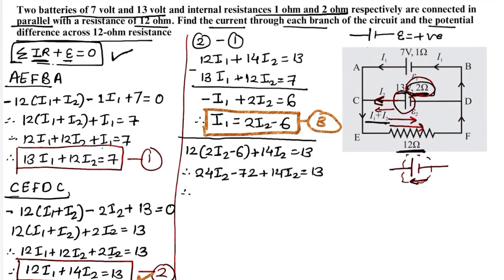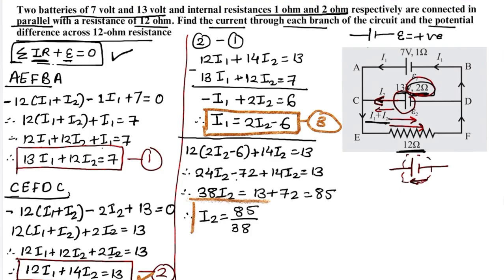We will add these two terms, that is 24 plus 14, it will be 38. So it will be 38 I2 minus 72 is equals to 13, so 13 plus 72 will be 85. Therefore value of I2 will be 85 upon 38.